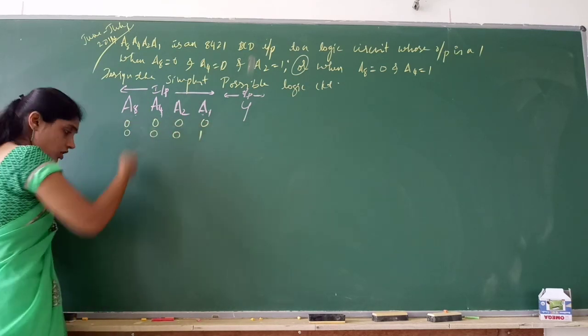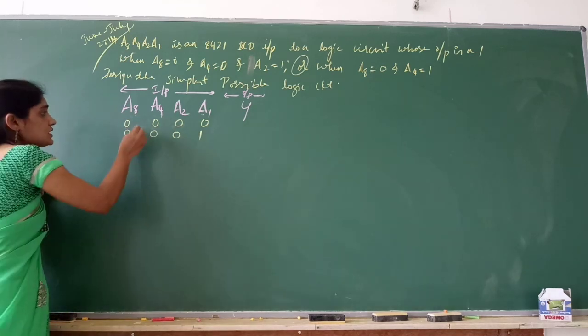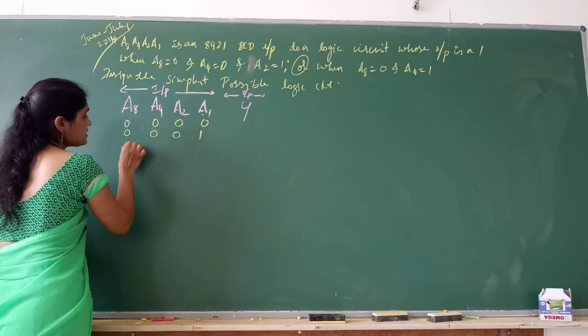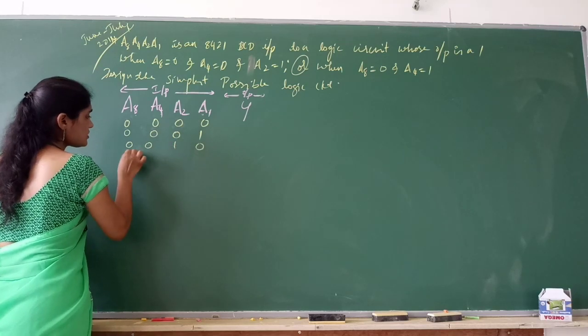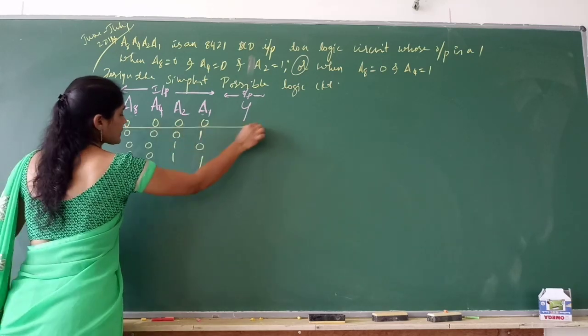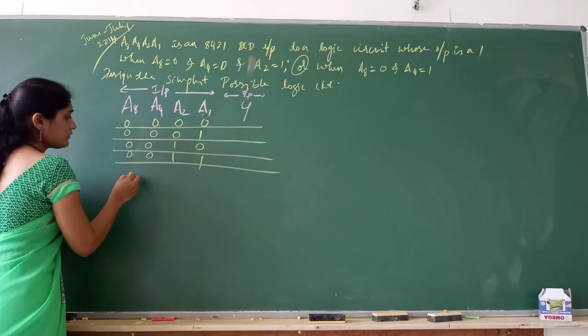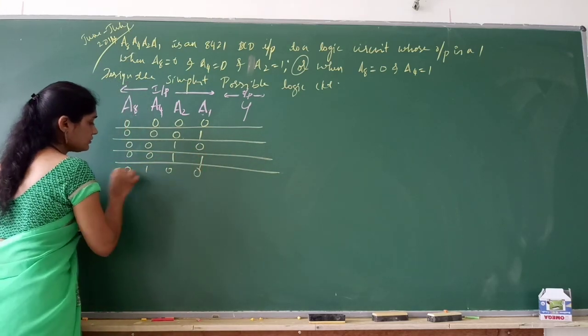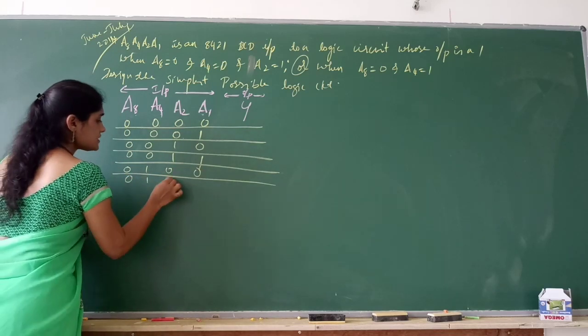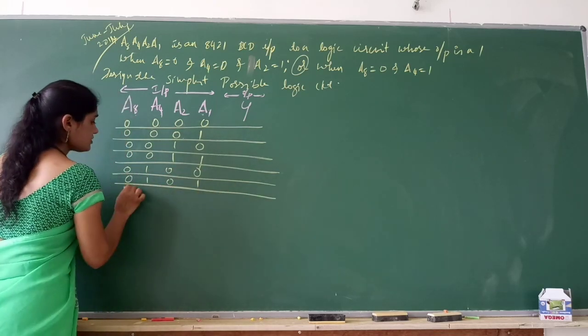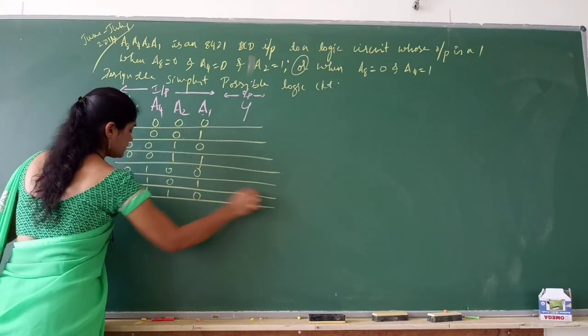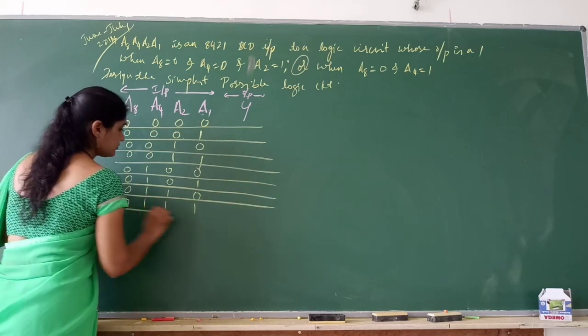0000, 0001. Write all the possible combinations for inputs. 0000, 0001, 0010, 0011. Okay, you can write in your notes along with me. 0011, then 0100, 0101, 0110, 0111.